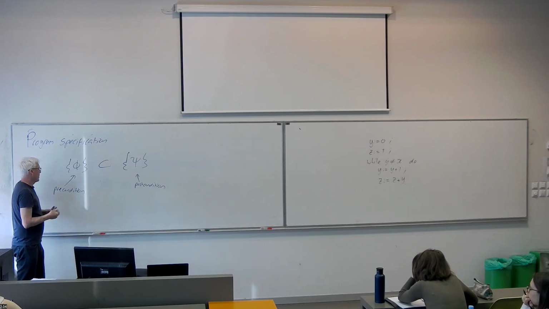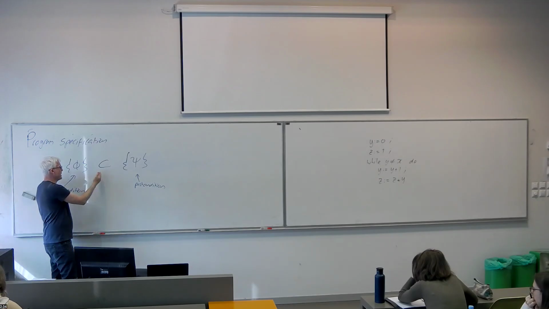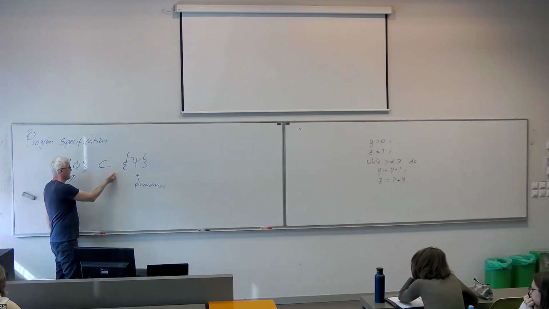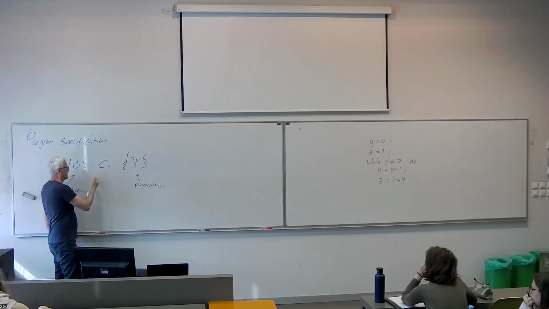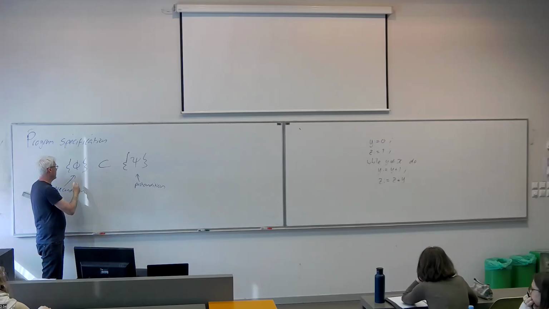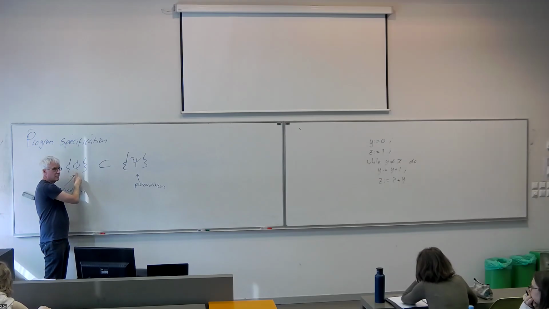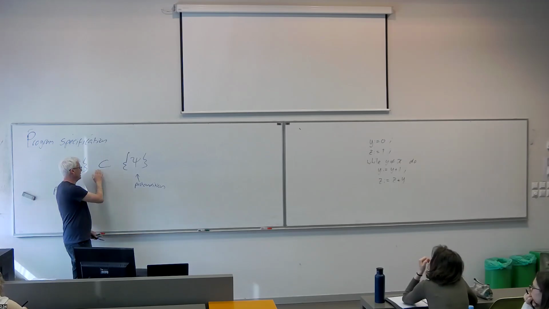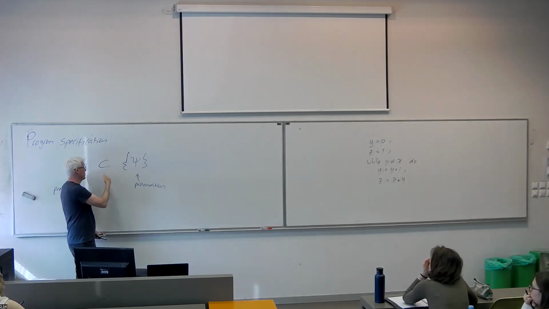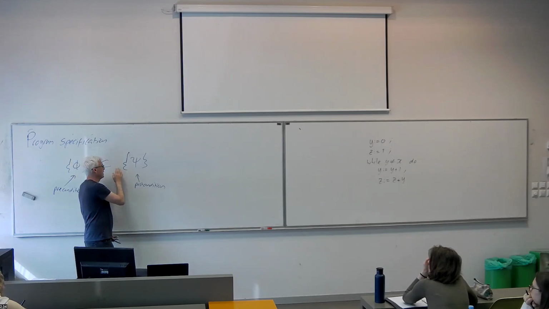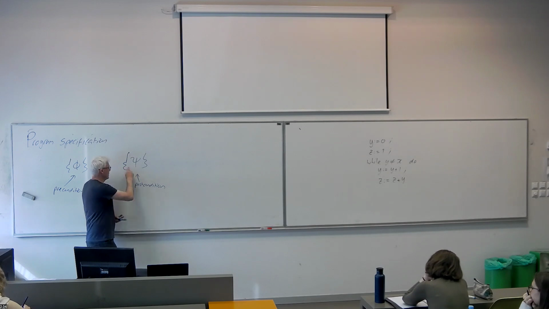And so the way you read such a specification is we want to specify what this program does, and we can specify it in terms of: if we run the program in a state satisfying the precondition, then the logic will guarantee, if we use the rules of Hoare logic, that the result of running the program produces a state that satisfies the postcondition.